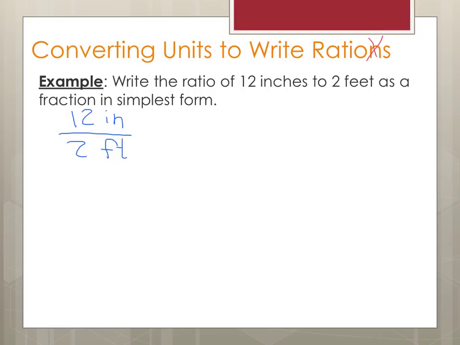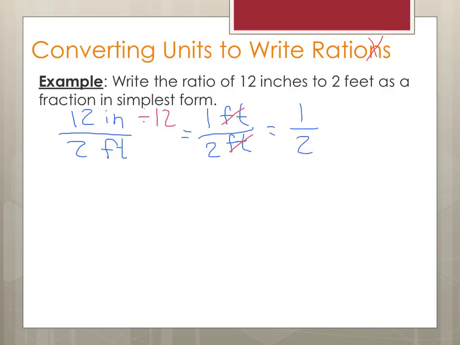To go from inches to feet, I'll divide by 12. Okay, so I divide the number of inches by 12 because there are 12 inches in 1 foot. Okay, and that gives me 1 foot to 2 feet. This is good. Our units are the same, they'll cancel out, and we'll get the ratio of 1 to 2.